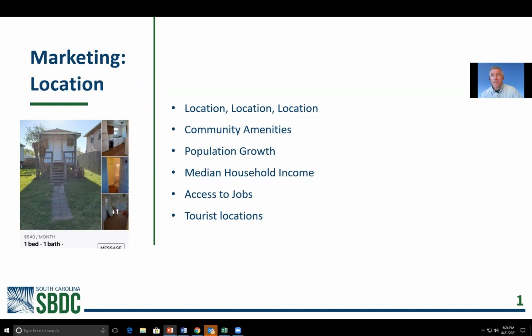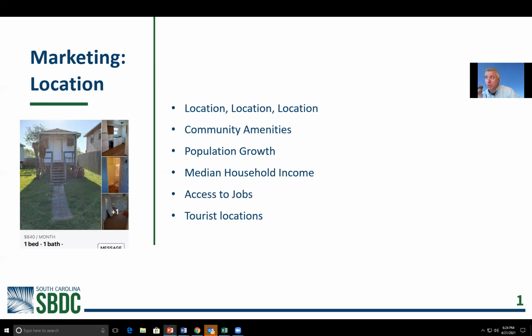And that really holds true for real estate. If you're considering a market, unless you inherited it, you can't do anything about that. But if you're looking at investing somewhere, you really need to consider the location. One example is Orangeburg.